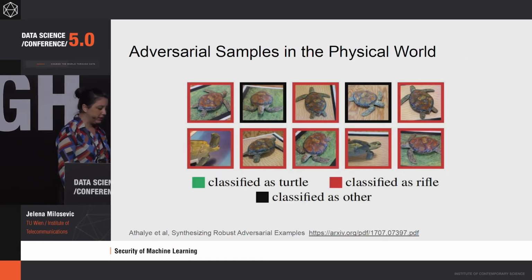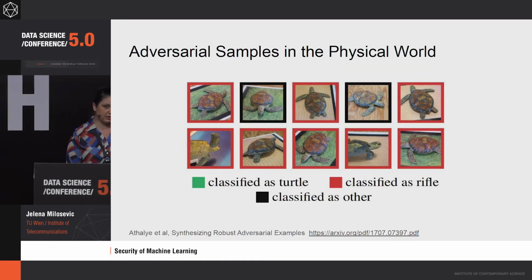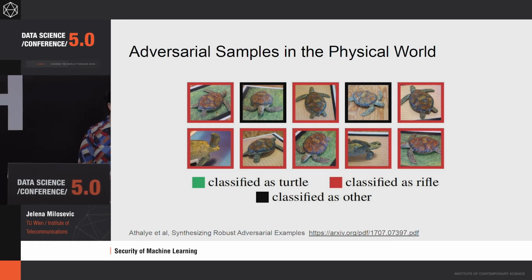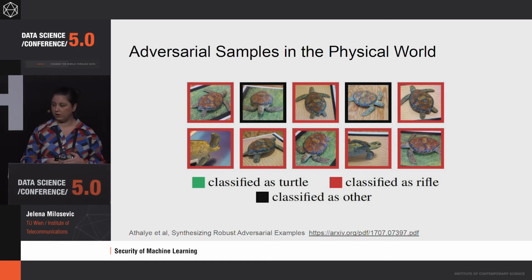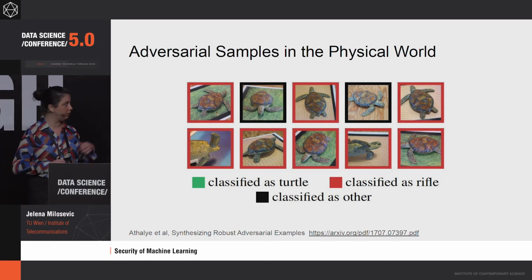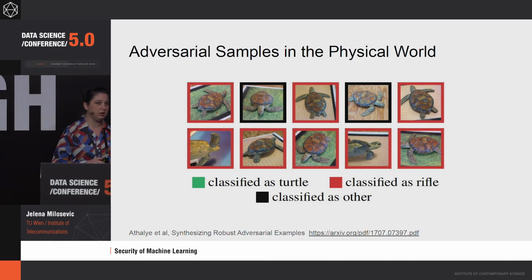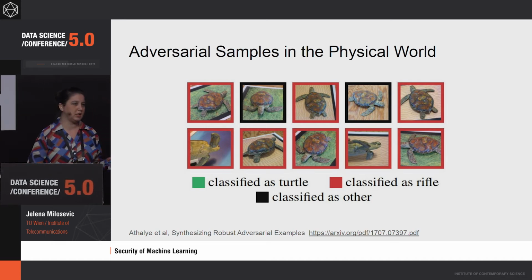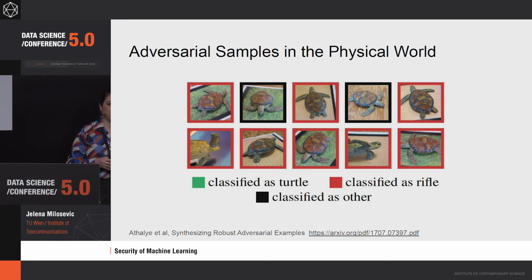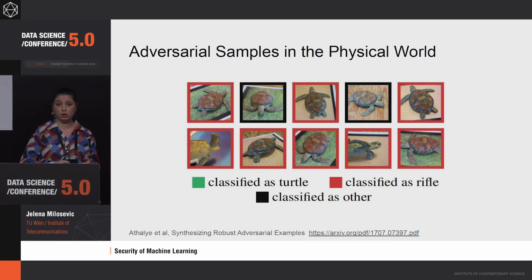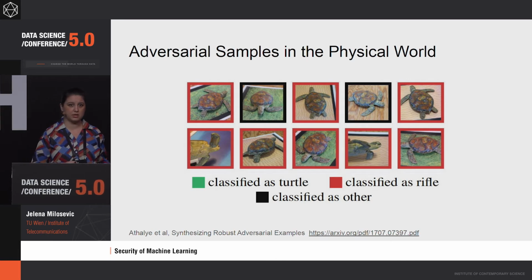So in addition to the existence of such attacks, it is also shown that these attacks can be implemented in the physical world. And what I have here in this figure is a set of images of a turtle that is basically a 3D printed turtle to which malicious perturbations are applied with a goal to cause misclassifications.